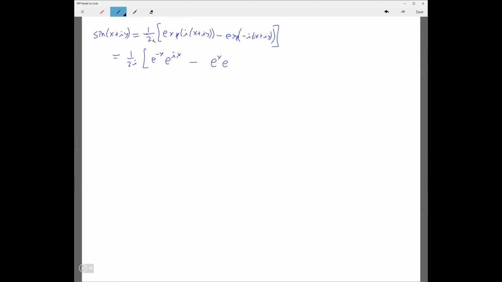And then this is e to the negative ix, like that. Okay, so that's what we have there. And then 1 over 2i. You guys remember what e to the ix is?